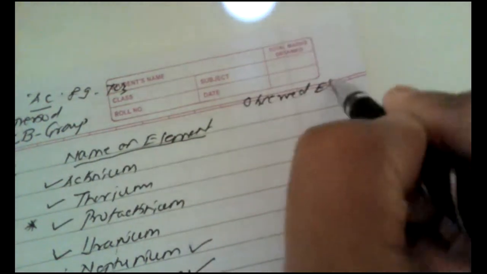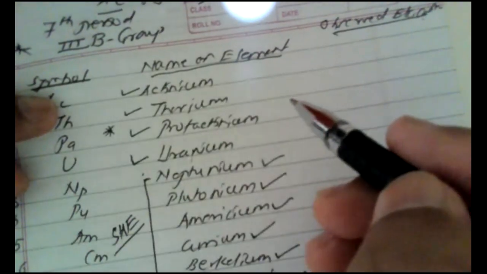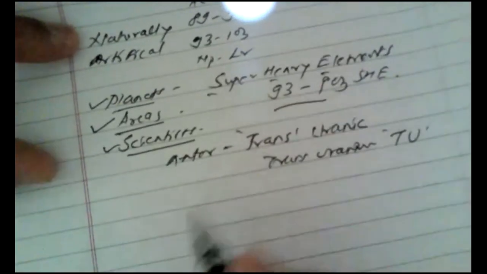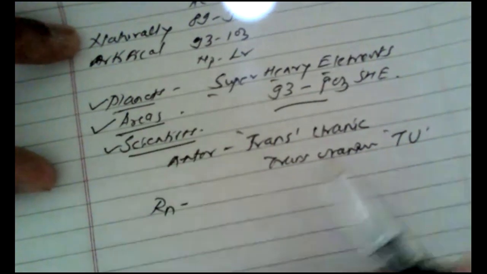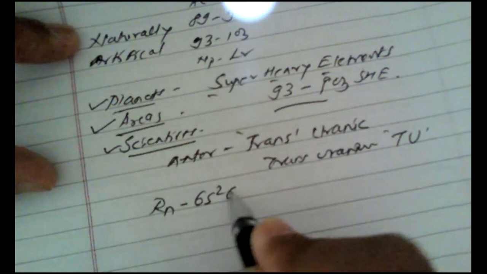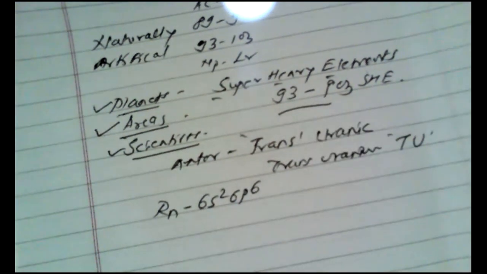Now we shall proceed further with the observed electronic configuration of all these elements. To arrive at it, first of all, we have to look at the electronic configuration of radon, an inert gas element having the outermost electronic configuration 6s2 6p6.